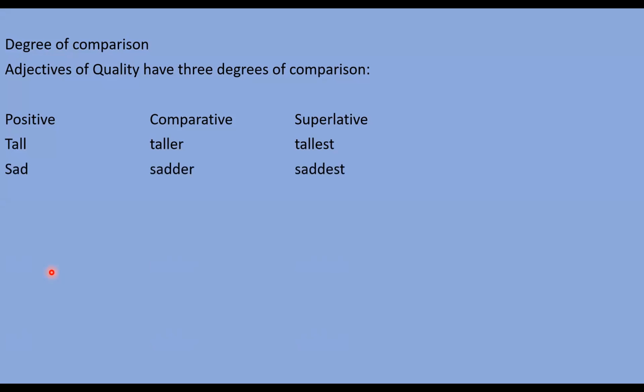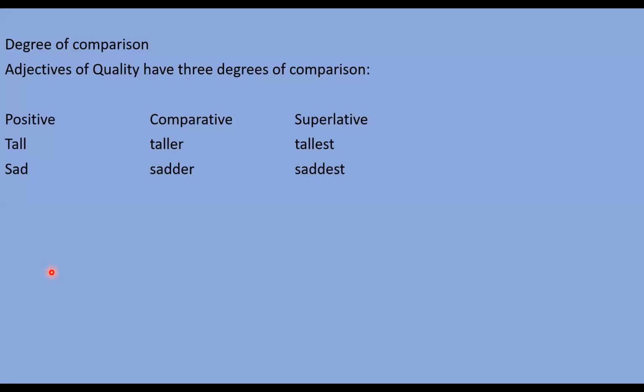See the next example. I have written here sad, sadder, saddest. Second rule is that when you have to make comparative or superlative degree, if the last letter is a consonant and before the last letter there is a vowel, you need to double the last letter.